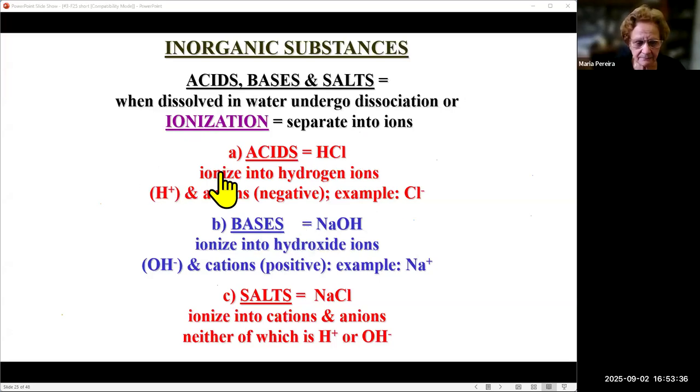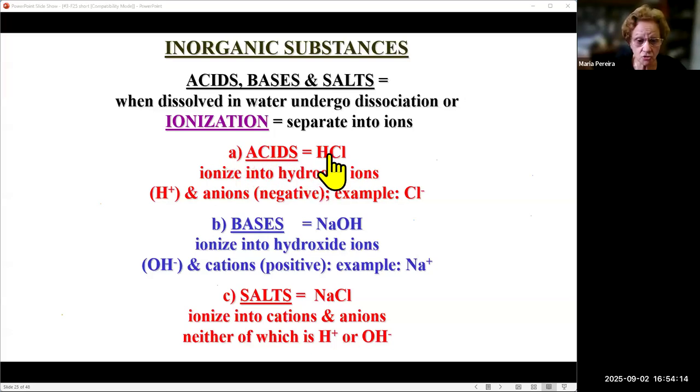So what's an acid? Let's take, for example, hydrochloric acid. So remember, these are inorganic substances. They are ionized. They contain a positive ion, in this case, hydrogen, and a negative ion, in this case, chloride.